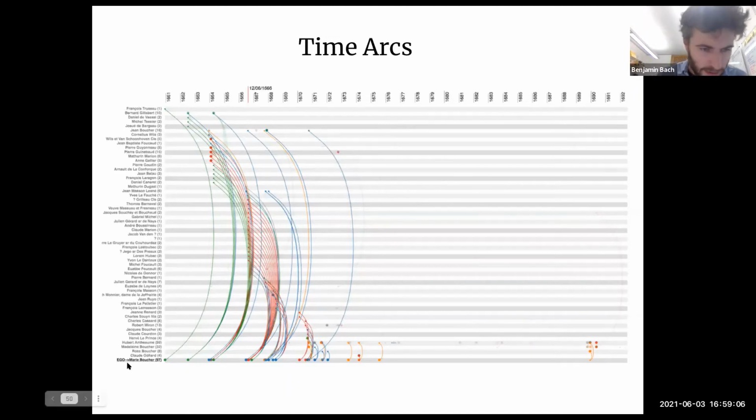So for example, we see that this person, Marie Boucher here, is in 1661. This is again this medieval social network about merchants. She's writing a letter to Francois Trousseau, 1661 here, and then over a year or so, nothing happens, and then again she sends another kind of letters to these persons here.